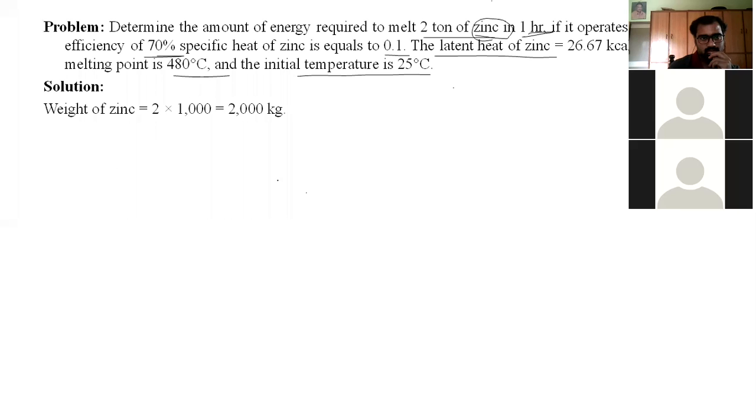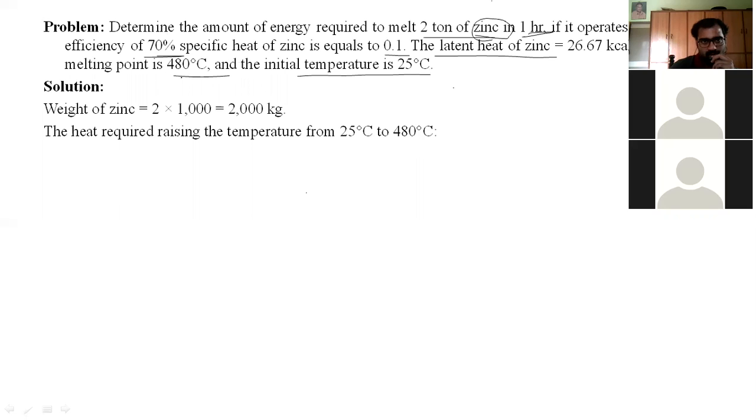This is the simple solution. 1 ton is equal to 1000 kgs, so we have changed the tons into kgs. The weight of the zinc is 2000 kgs. The heat required is for raising the temperature from 25 degrees to 480 degrees centigrade. He has given the latent heat and the melting point.